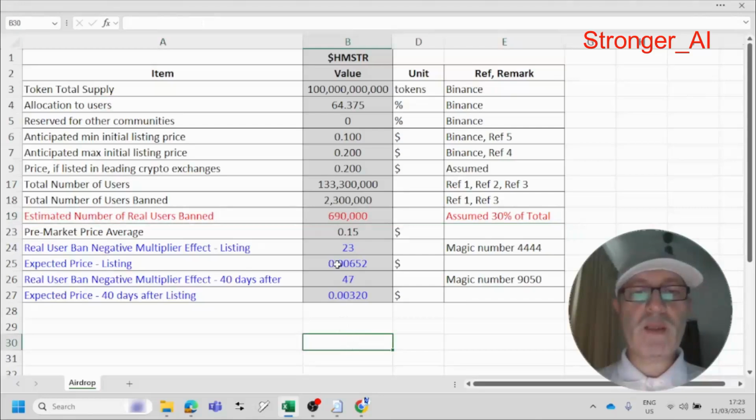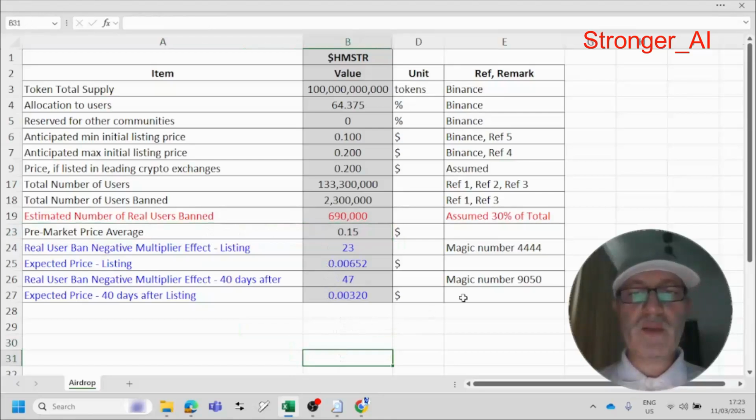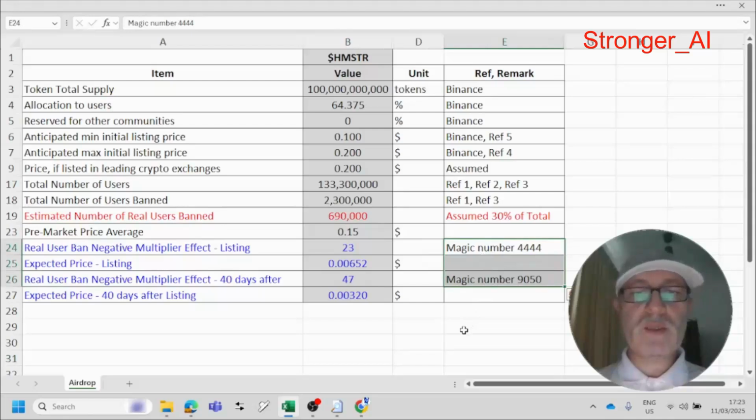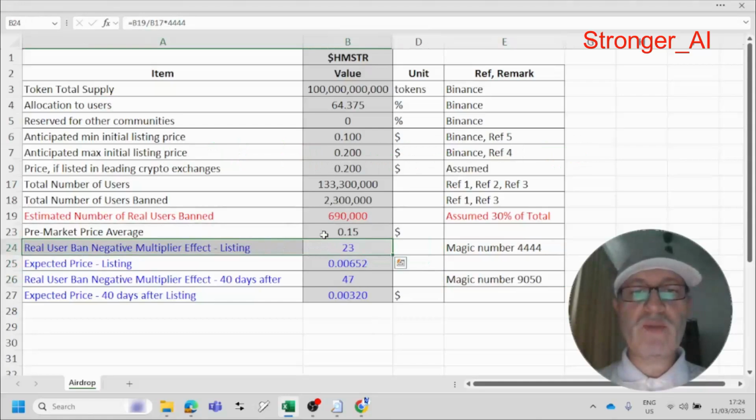To explain how the pre-market average price dropped to this value, I found these two magic numbers with some kind of reverse engineering. The real user ban negative multiplier at the listing date is 23, so 0.15 divided by 23 will be this value.